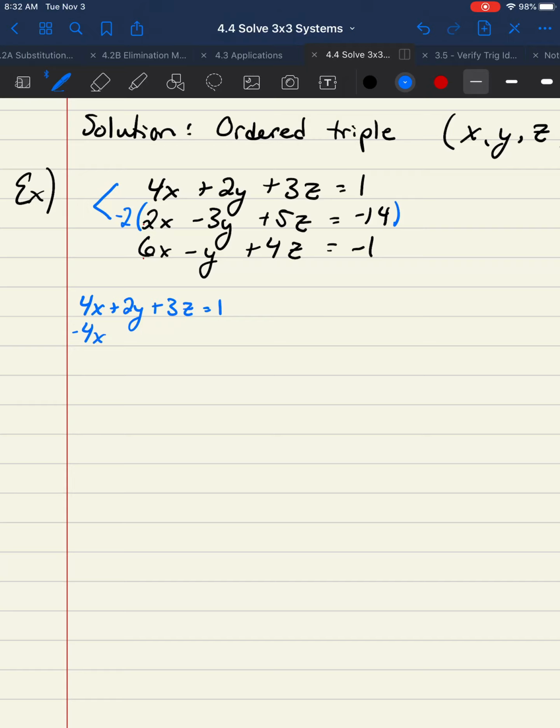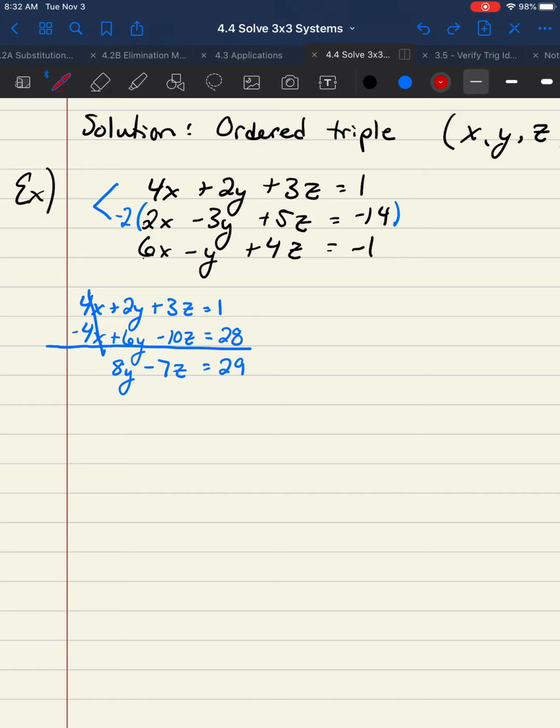If I multiply the second equation through by -2, and then combine these two equations, my x's cancel, which is what I wanted to happen. 6y and 2y. Now look, I've eliminated one of the variables and I'm down to something a little more friendly.